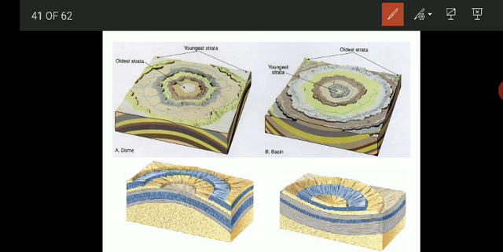From a center point all the beds dip away from each other in all directions. Whereas in the basin, the reverse happens: a depression is formed wherein all the beds dip towards the center point. That is called a basin, a type of syncline in which the beds dip towards the center point from all directions. So that is the dome and basin.